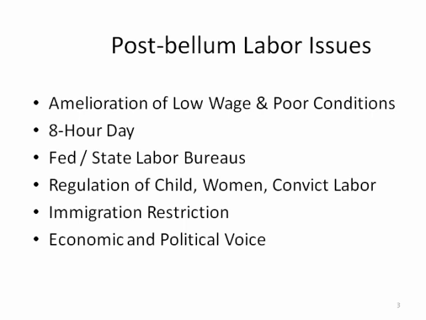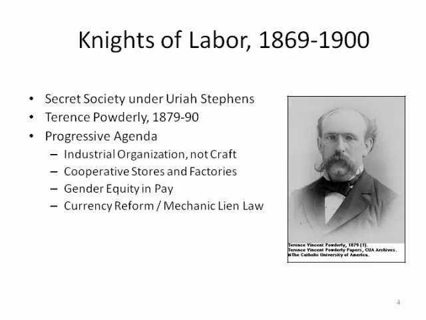One of the most important nationwide labor organizations, and it wasn't really stretched all the way across the country, but it did have a national presence, is the Knights of Labor. They organized as a secret society under a guy named Uriah Stevens in 1869. They grew with the Depression of the 1870s.